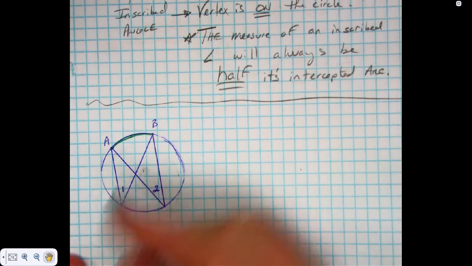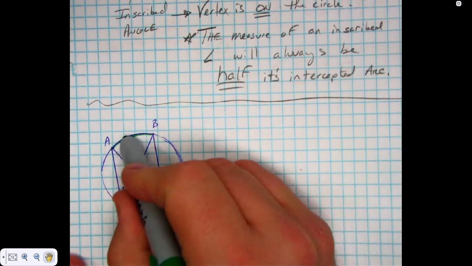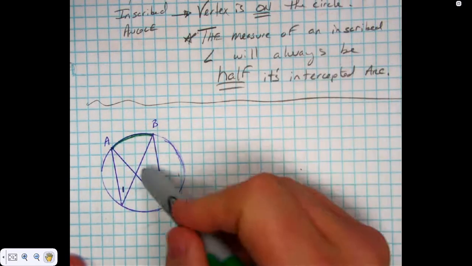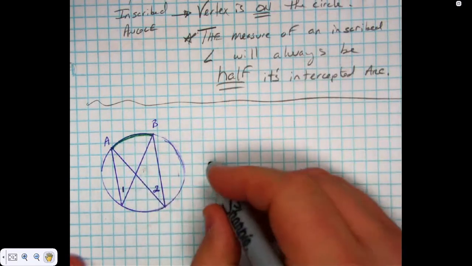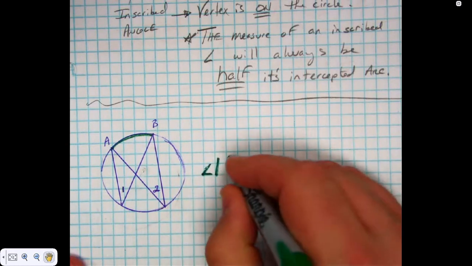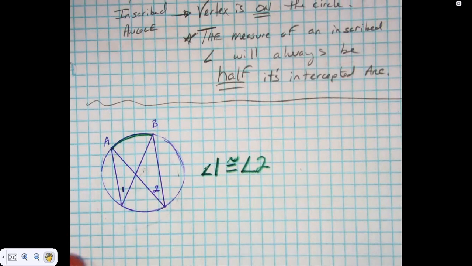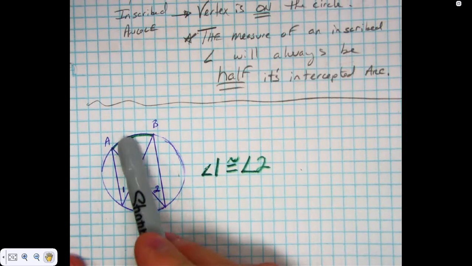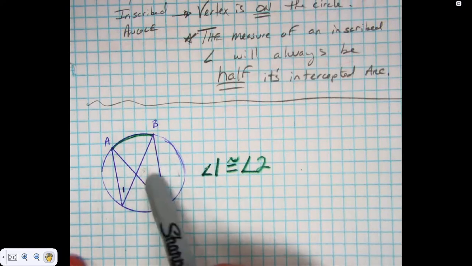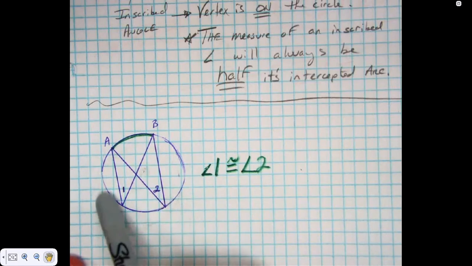A to B. So if they're half of the same thing, what do you think I can say about angle 1? Doesn't angle 1 have to be congruent to angle 2? Because both of them have to be half of AB, aren't they the same thing? Agreed? So anytime you have two inscribed angles intercepting the same arc, then they have to be what?